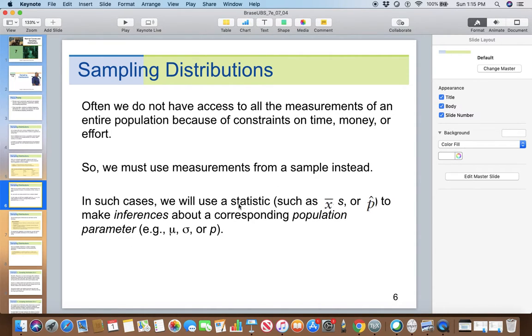In such cases, we use a statistic such as X bar, which is the mean, S, which is the standard deviation of your sample, or P hat, which is the proportion for your sample, to make inferences about a corresponding population parameter. So using this, we will make inferences about the population parameter, be it mu, sigma, or P, corresponding mean, corresponding standard deviation, corresponding proportion.